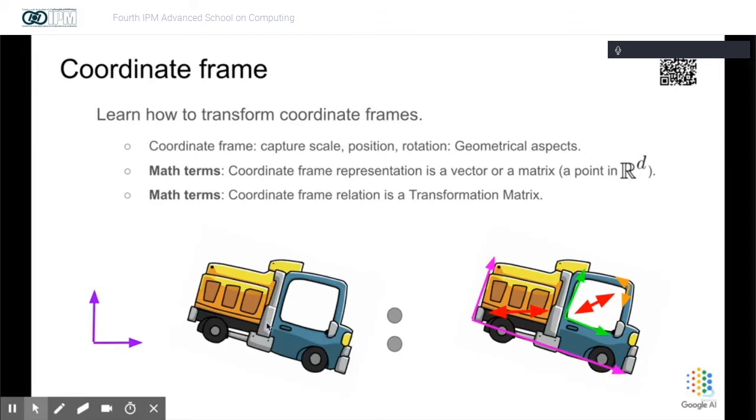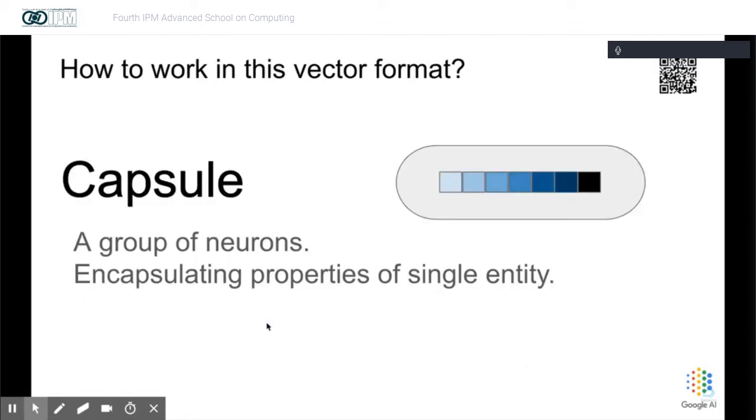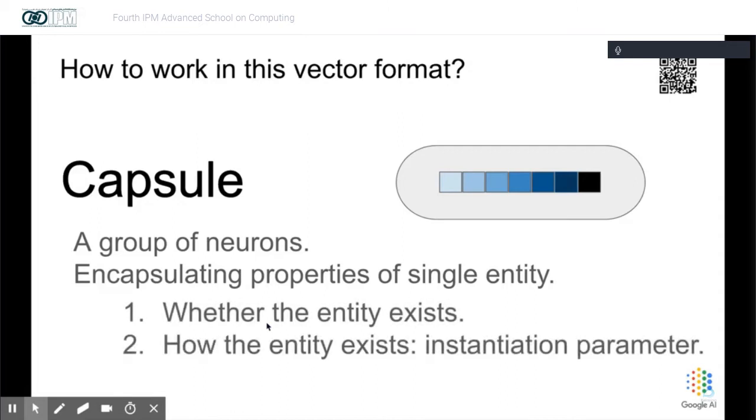Usually, we only carry around the information that something exists. But now, in addition to that, we also want to carry how it exists. So we introduce a new concept, capsule. From now on, we call a group of neurons about a single entity a capsule. A capsule shows both whether an entity exists and how it exists.